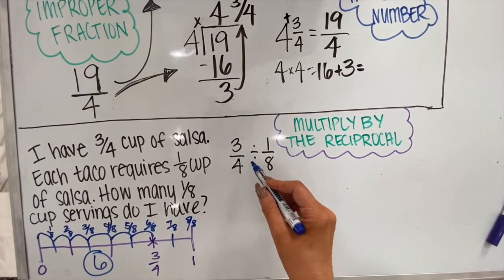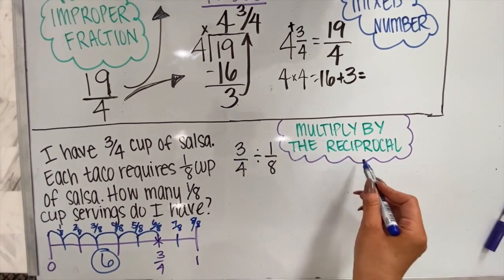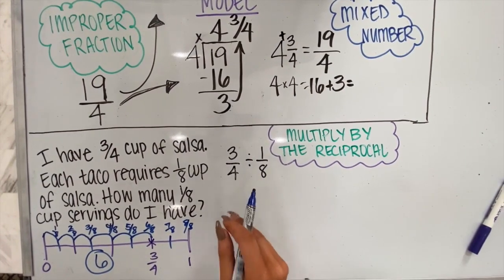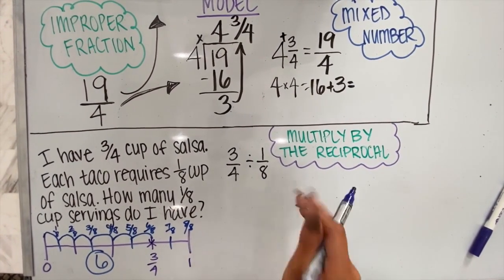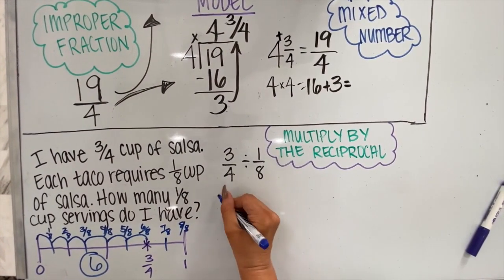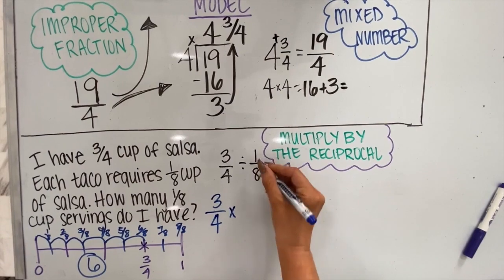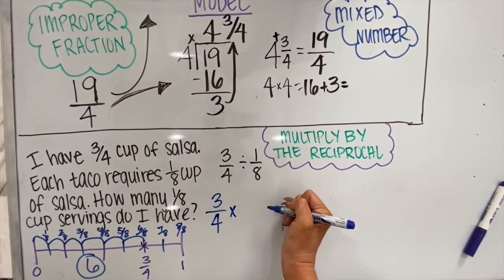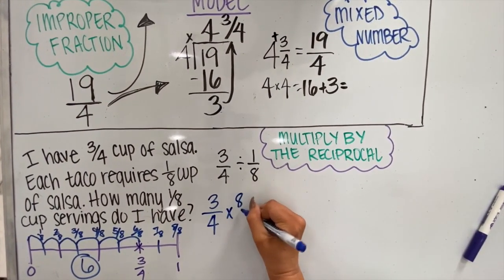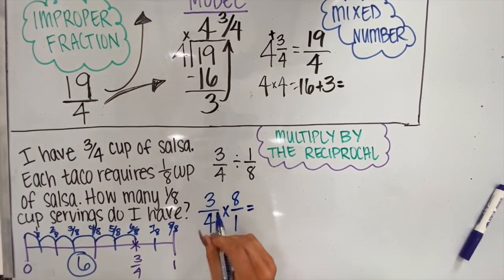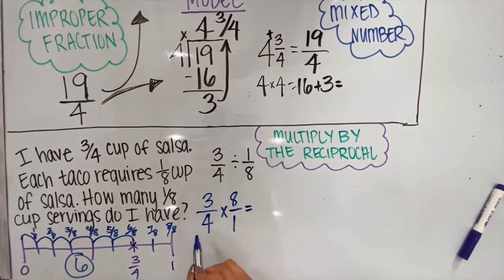Now we'll show you how to do this by multiplying by the reciprocal. This is very important for you to remember when you're doing your performance task and Spark Your Learning activities. I'm going to take 3/4 and multiply it by the reciprocal of 1/8. The reciprocal of 1/8 is 8 over 1. Now I'm just going to multiply straight across.